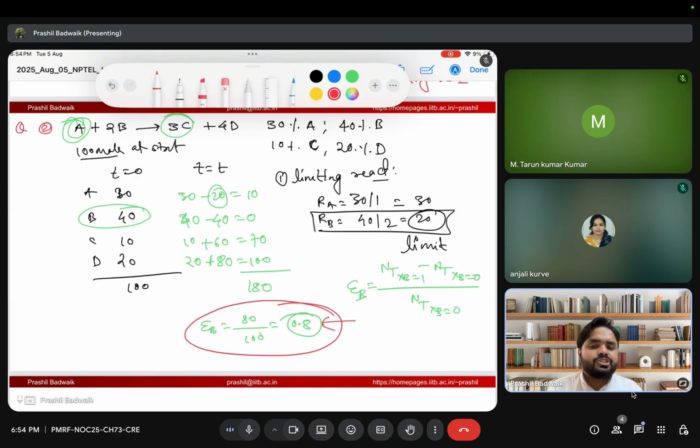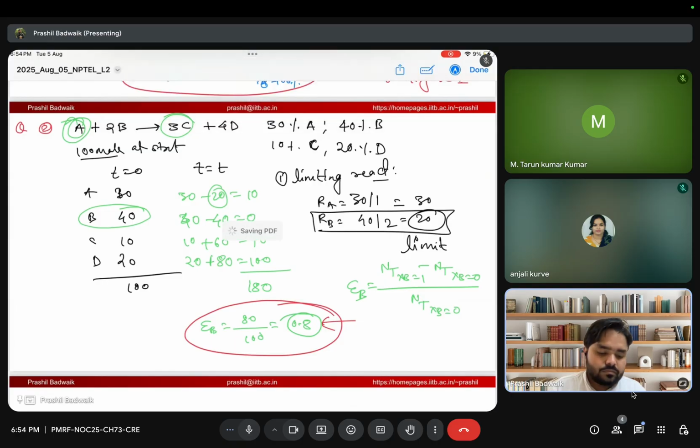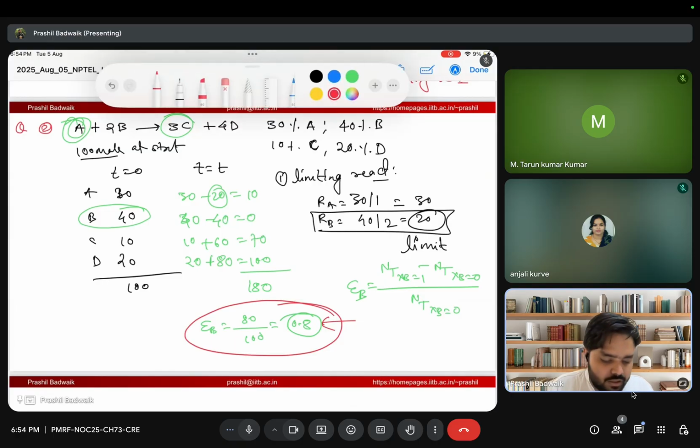With respect to initial, this is the change. 80% change is happening. Sorry, this 0.8 is equal to 80% of initial. Okay.